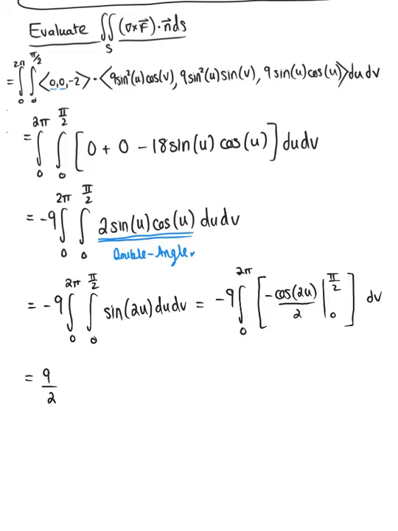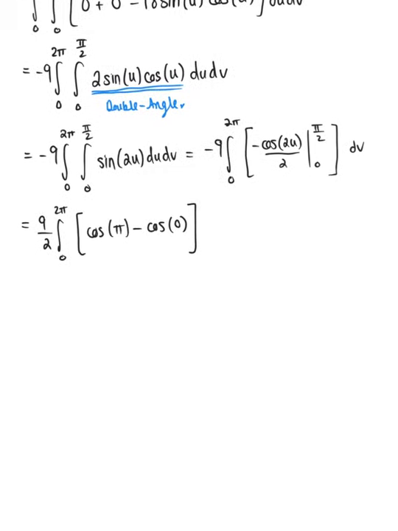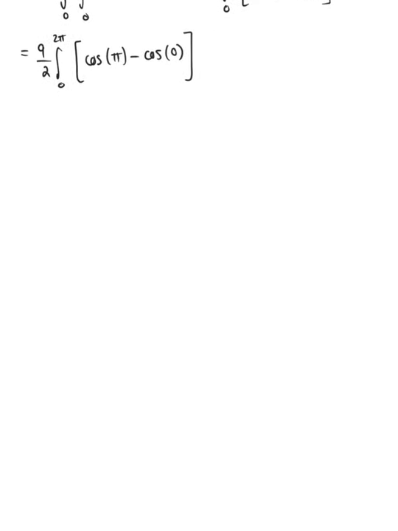So this is 9 halves times the integral from 0 to 2 pi of cosine of 2 times pi over 2, which just leaves us with cosine of pi, minus cosine of 0, and don't forget your dv, shame on me. Cosine of pi, we of course know, goes to negative 1. Cosine of 0 is 1.